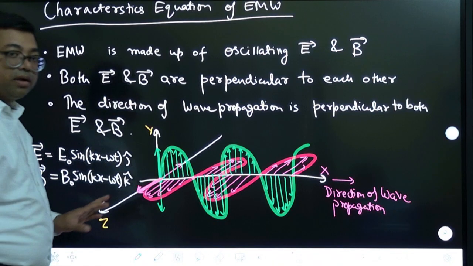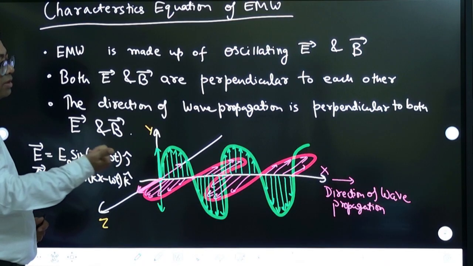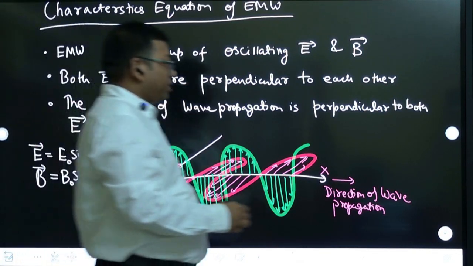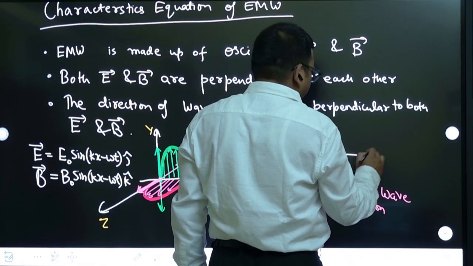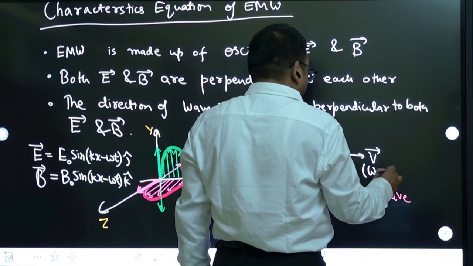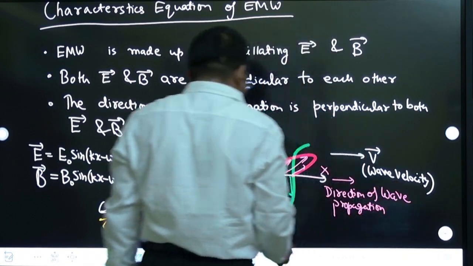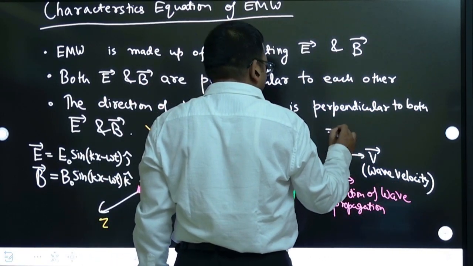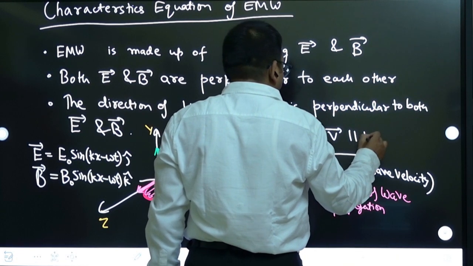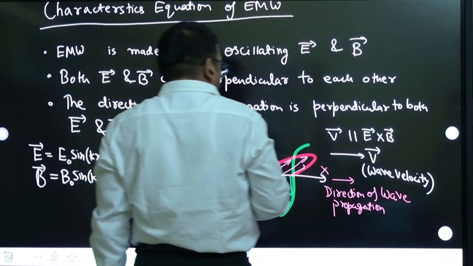Here you need to note that the direction of E cross B gives the direction of velocity. Let us say this is the direction of wave velocity. You will see that the wave velocity vector is parallel to the E cross B vector. This is a very important thing to note.